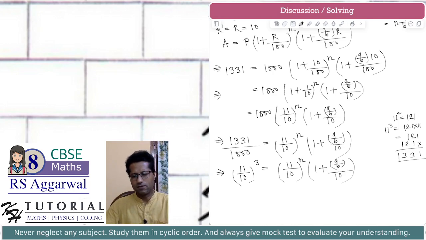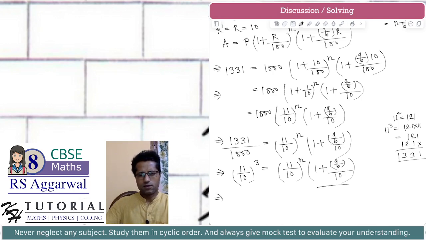One factor is 11 by 10 to the power n, and we have 1 plus a by b by 10. It is very probable that this factor will become 1. Then only we can solve for n. So in your problem, if you are applying this general formula, you can assume that a by b will be 0. That is, the second factor on the right hand side will be 1.